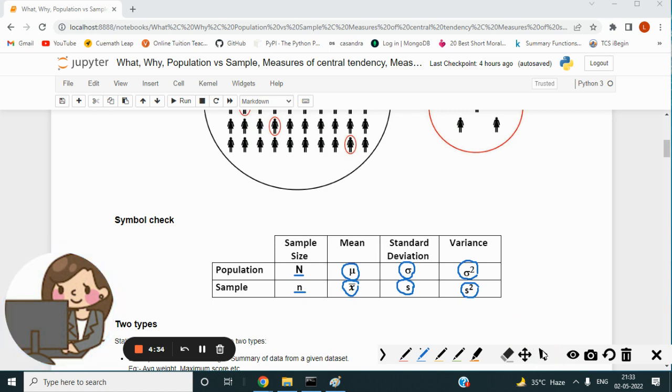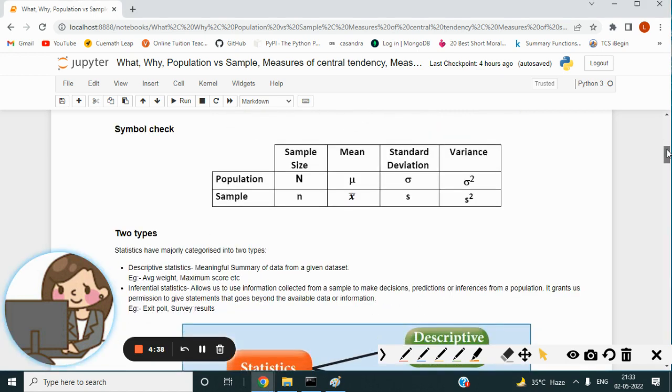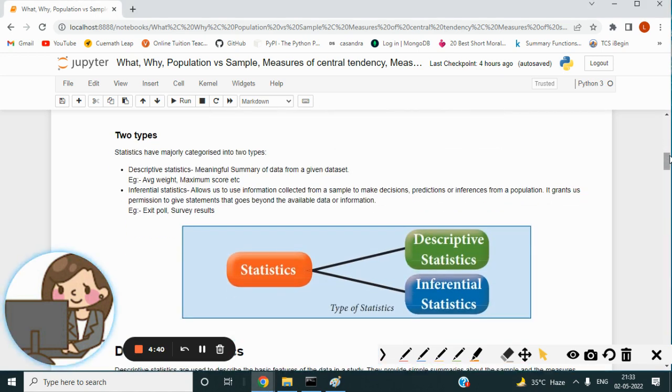Now, going ahead, statistics can be of two types: descriptive statistics and inferential statistics. Descriptive statistics is when we have a certain data set, and from it we are able to find some meaningful information, like what is the average weight, what is the standard deviation from the average weight, or what is the maximum weight.